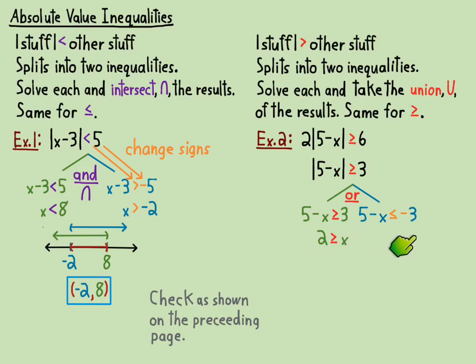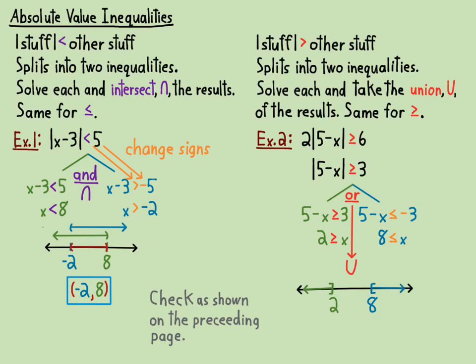And then here I'm going to do the same thing. Show you different numbers. So x greater than or equal to 8. And it's or, union, so now I graph both of them. Graph them. Even if it doesn't say graph them, graph them. X less than or equal to 2 is there. X greater than or equal to 8.